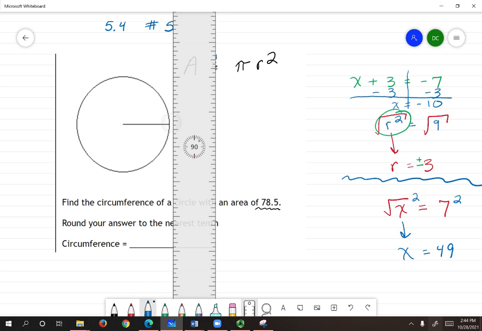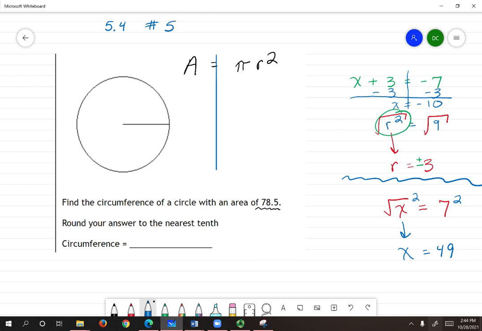So the area, it says, is 78.5, and that is equal to pi times the radius squared. I want to find first this radius, because then and only then can I find the circumference. So let's get to it.